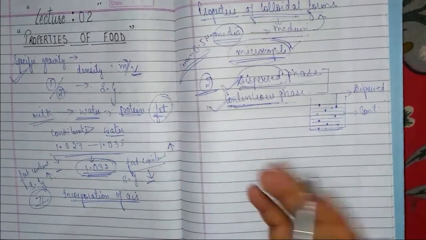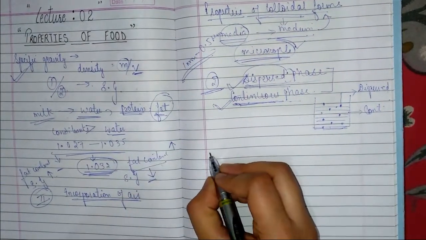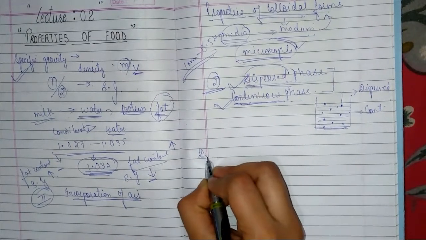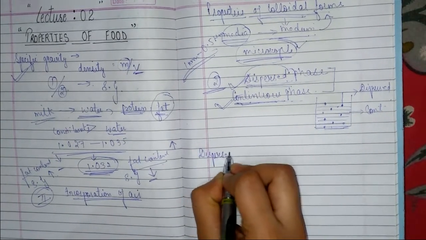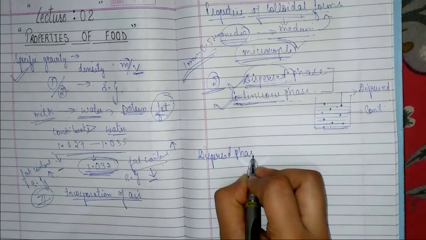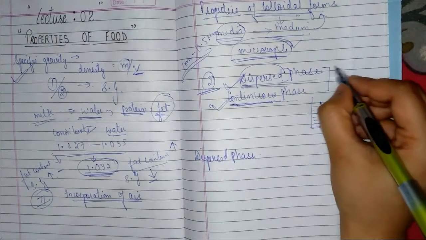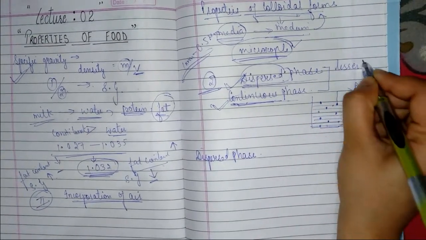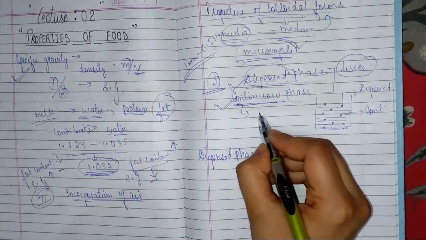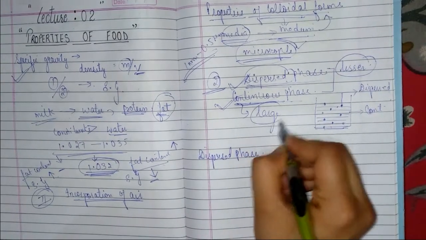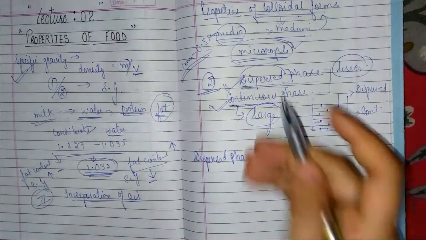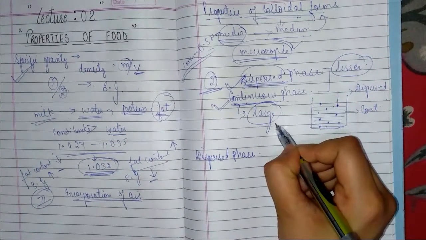So if I make a table out of this, here we can write dispersed phase. Also keep in mind that the dispersed phase is always in lesser amount and the continuous phase is in large amount, because we have to mix the dispersed phase into the continuous phase.